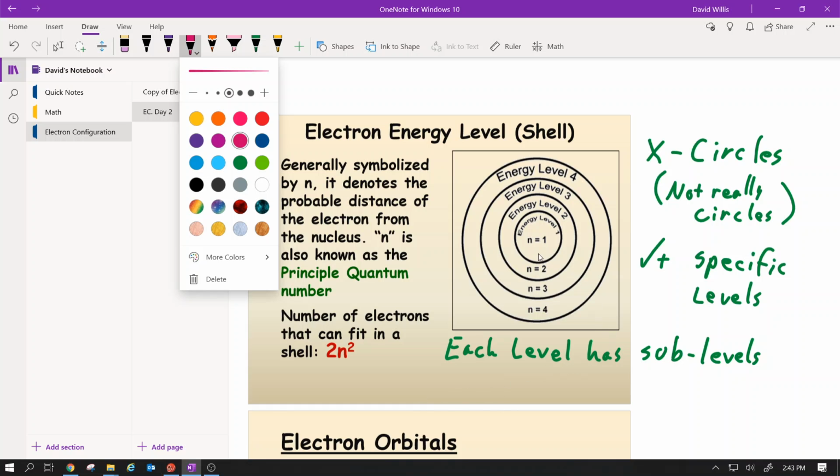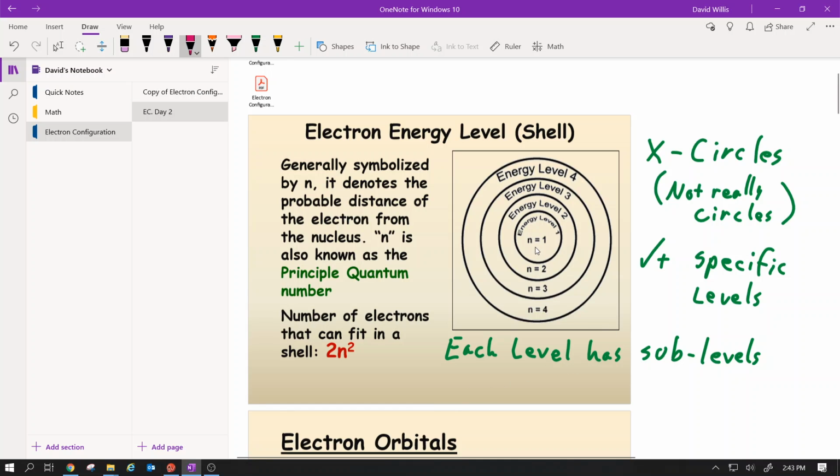Okay? So for n equals 1, the only sublevel that we have is an S. For n equals 2, there's an S sublevel and a P sublevel. For n equals 3, there's an S, a P, and a D sublevel.